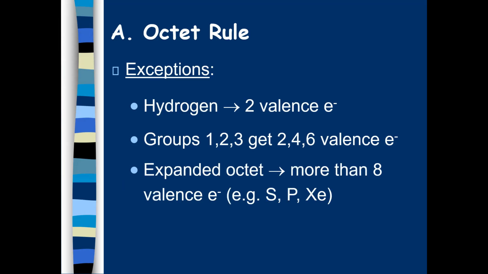And then you have what is known as an expanded octet. And that is when you have more than 8 electrons. They're giving you some examples here, but really all the elements from row 3 down on the periodic table on the metalloid side would qualify as anybody that can get an expanded octet.